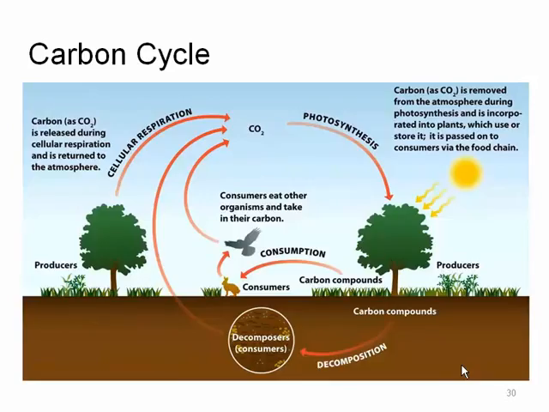This will be the subject of our next lecture. The carbon cycle itself, though, has the respiration, photosynthesis we've talked about, but then it also has internal subcycles through the biological system, through consumption, through decomposition, but then ultimately cycling back to the atmosphere.